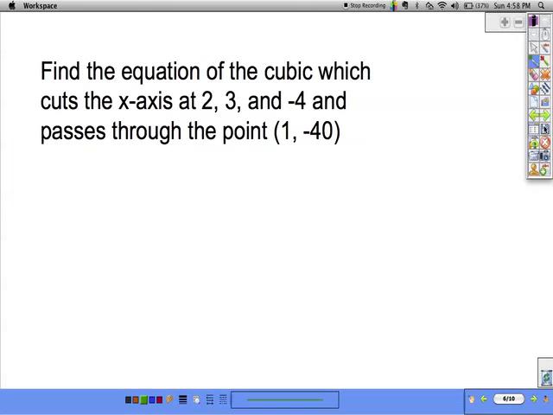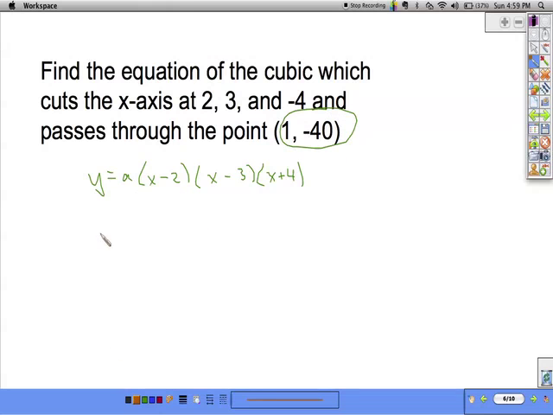Now we have information, and we're going to write the equation for this. We have a cubic with 3 factors that's cutting the x-axis 3 times. Cool, we know we have 3 real zeros. And those zeros correspond with specific factors. What we now have to figure out is a. And we can do that with the help of this point.